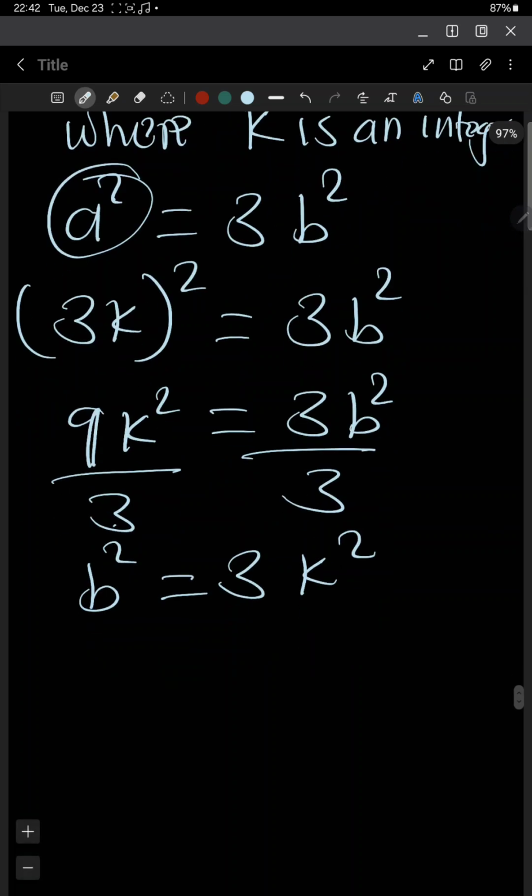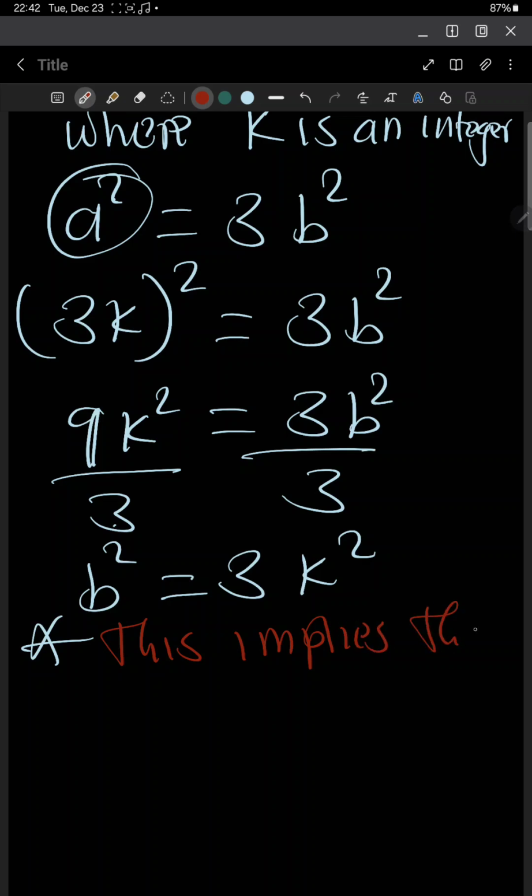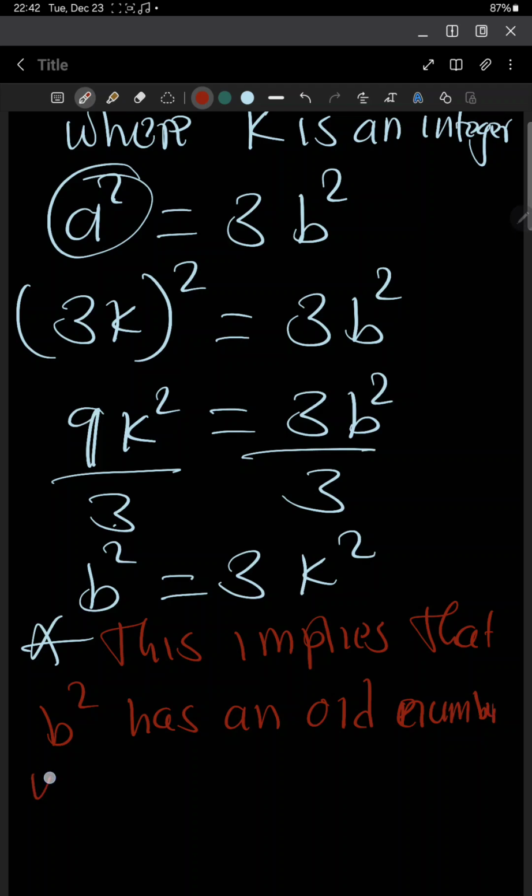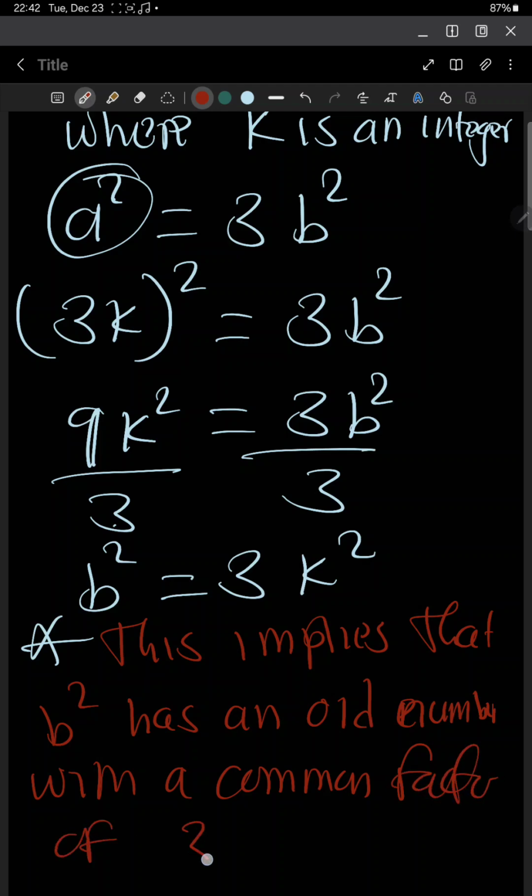This simply means that B square is an odd number with a common factor of 3.